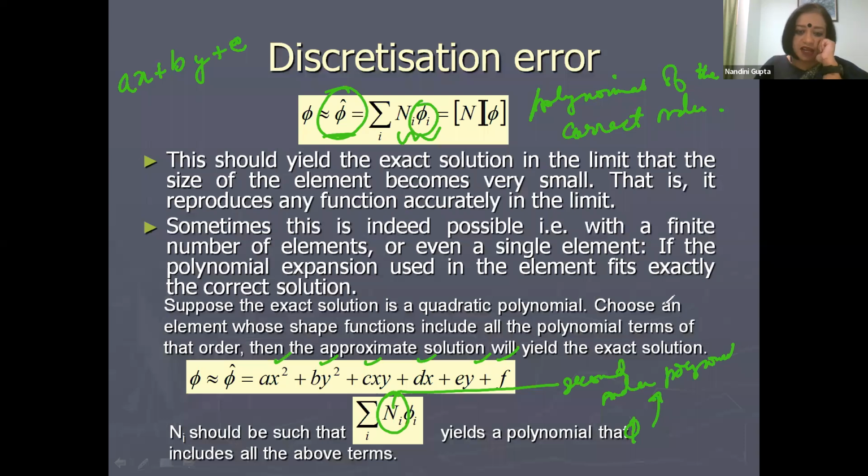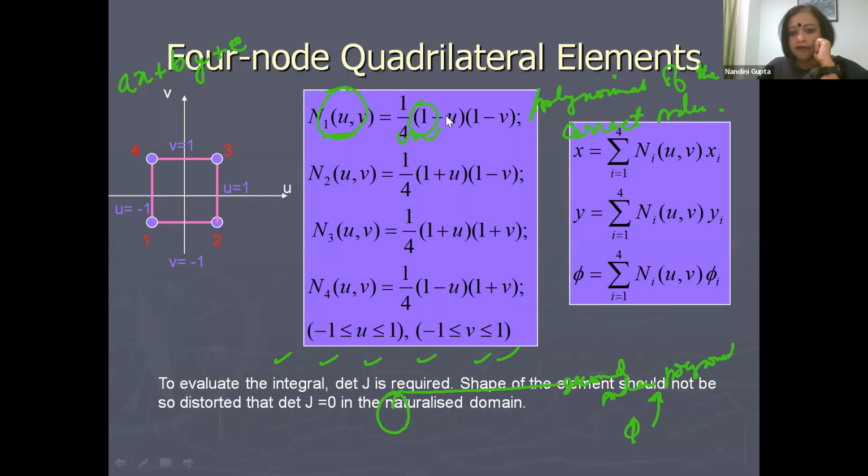So far, what we have done is we have considered one linear polynomial, linear in u, linear in v. So what this is going to give me is N1 phi 1. So when I put this phi into N1 phi 1, my phi hat will be a linear polynomial in u and v. If I want to find phi as a second order polynomial in u and v, the only option open to me is to choose N as second order polynomials in u and v.